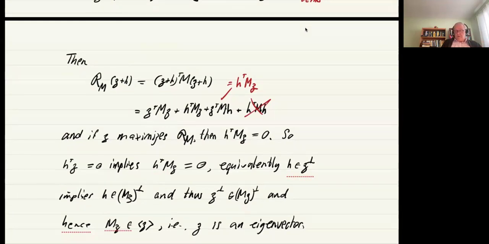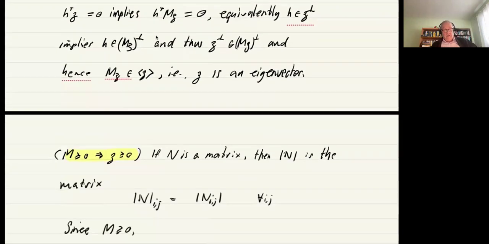And now I take the orthogonal complement of both sides, and I get that the space spanned by Z contains MZ. And that's the definition of an eigenvector. Any questions? Okay, so we've proved that the Rayleigh quotient is maximized on an eigenvector.